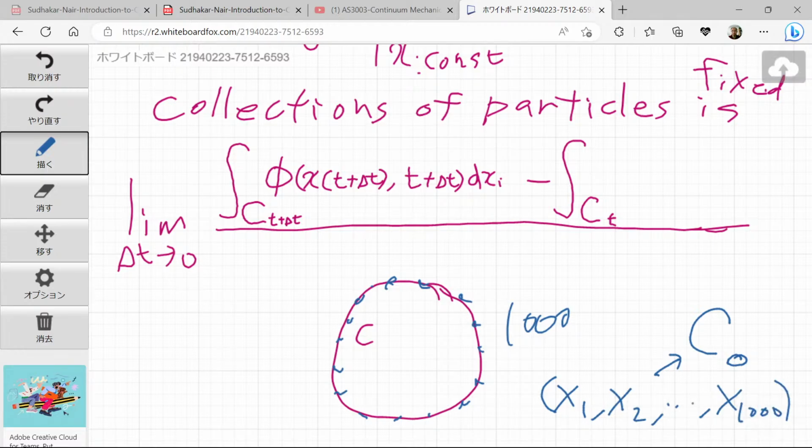For example, you have many particles, and you just chase these 1000 particles.